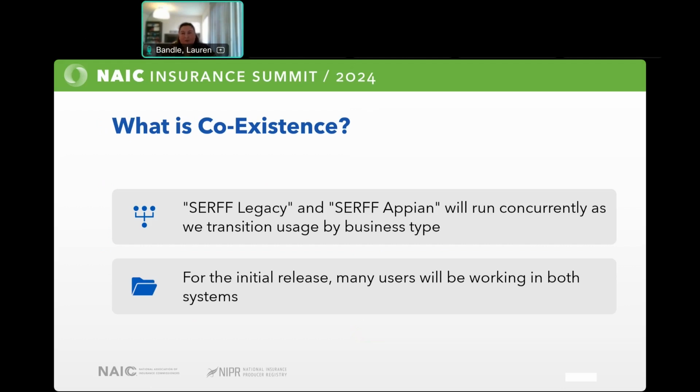So after that first release, if you are a compact filer and somebody that does state filings, you will do your compact filings in the new platform and you will do your state filings in the SERFF legacy platform. And that will continue until the end of the project, until all of the business types are moved over. So if you hear us talk about coexistence, that is what we're talking about.